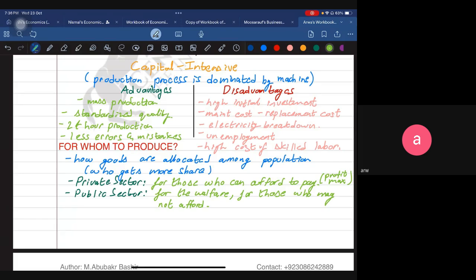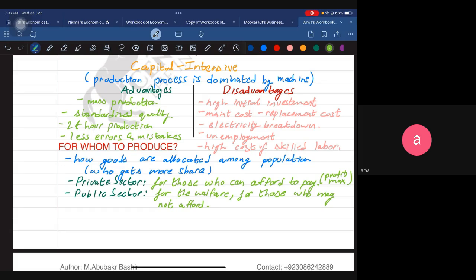The People's Party started up a program when they were in power, known as the Benazir Income Support Program. That was a program specified for those who have an income lower than 25 or 20,000 rupees. They will be given a certain amount of money through which they can do the grocery for the month.